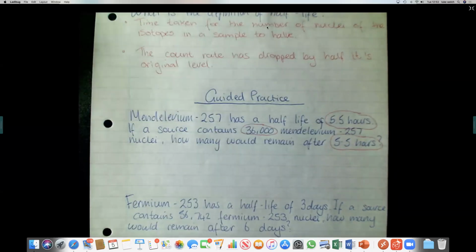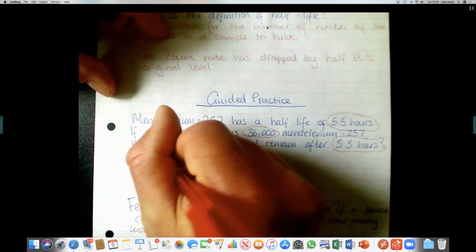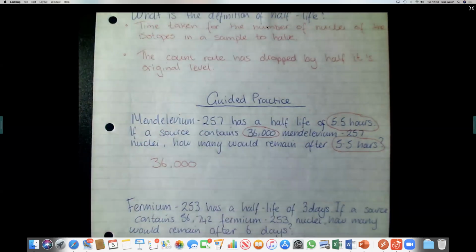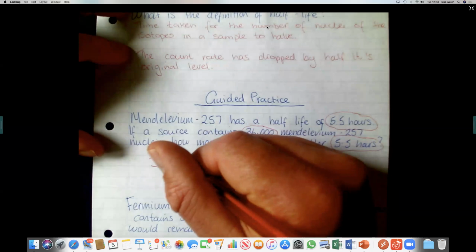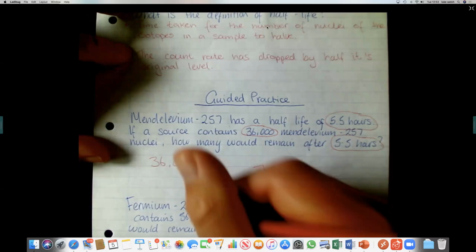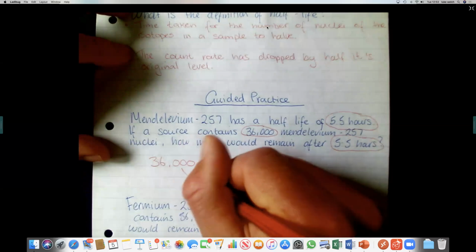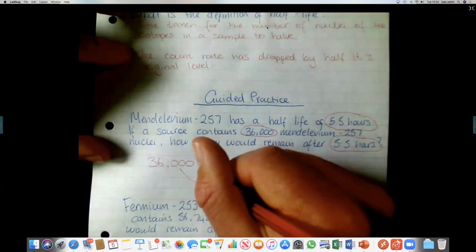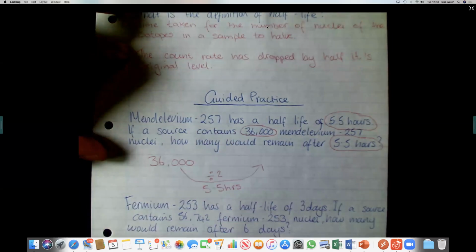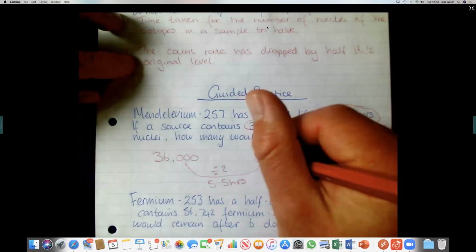Okay, so what we're going to do is we're going to start off by drawing how many it starts with. So 36,000 nuclei to start off with. And then every 5.5 hours it halves. So I'm going to draw an arrow, and it halves, which is dividing it by 2 every 5.5 hours. So 36,000 divided by 2 is 18,000.